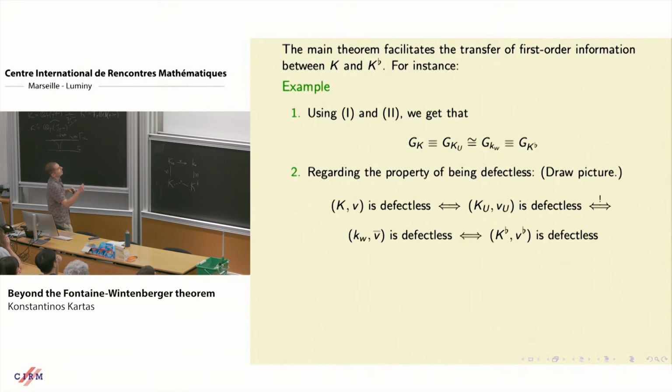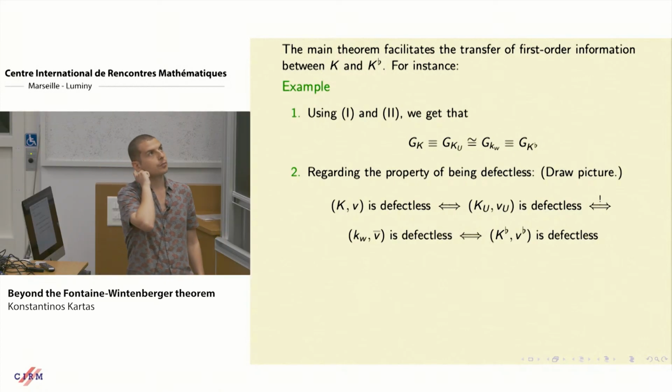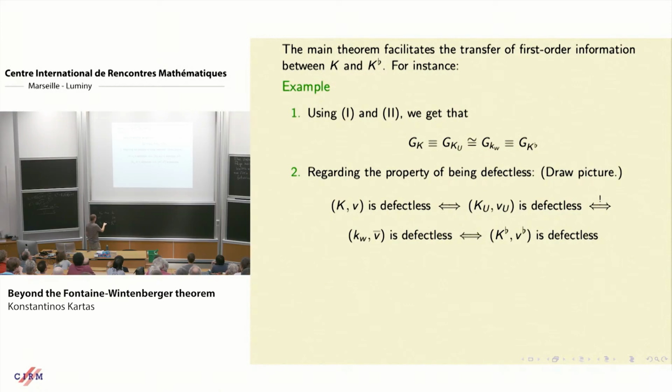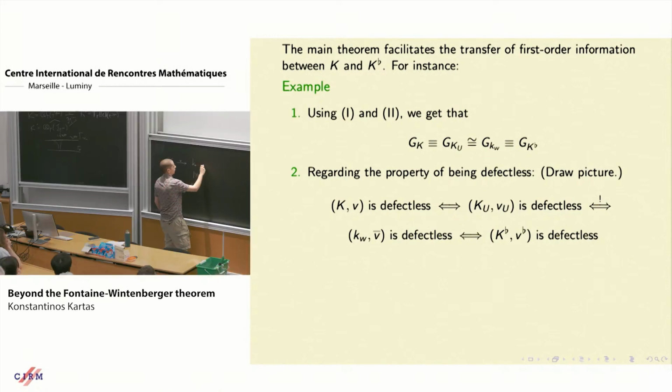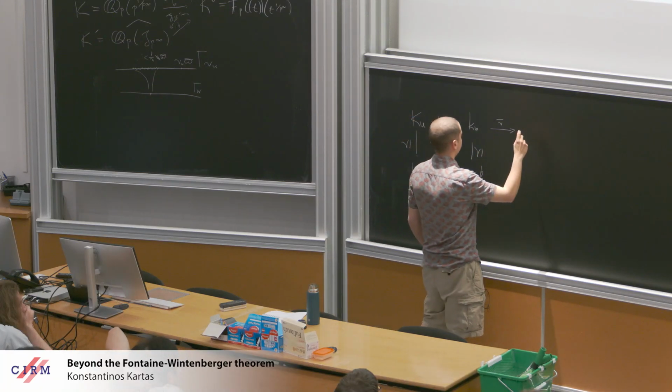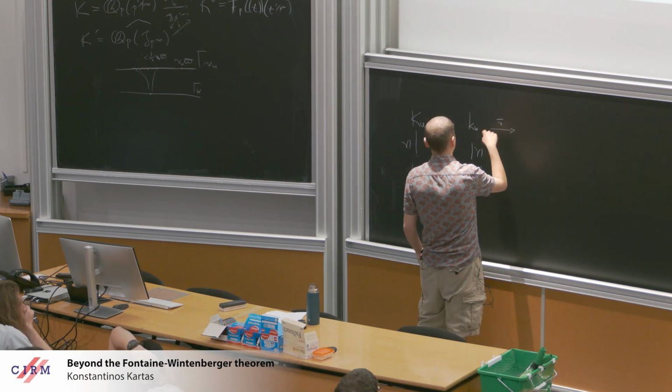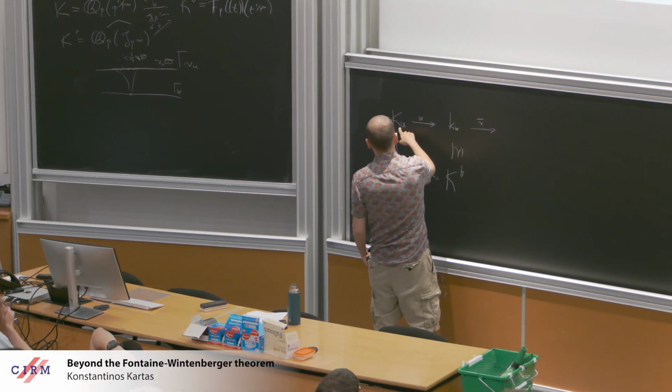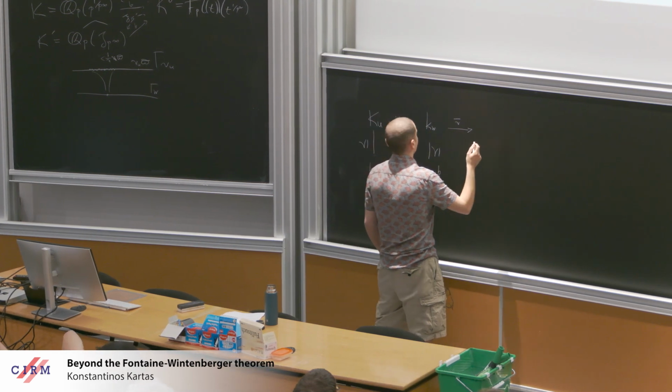Okay. Yes, regarding the property, now I'm looking at the property of being defectless, or Henselian defectless if you prefer. Let me just draw some additional piece of data that I forgot. So V bar is going to be the induced valuation of the ultra power of the non-standard valuation of Ku on the residue field.